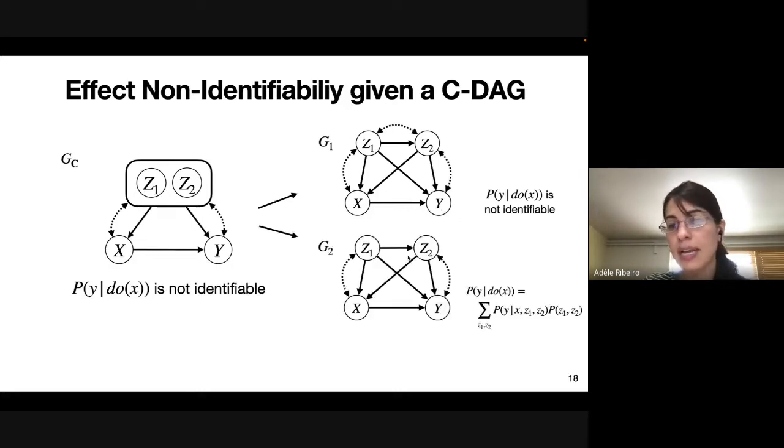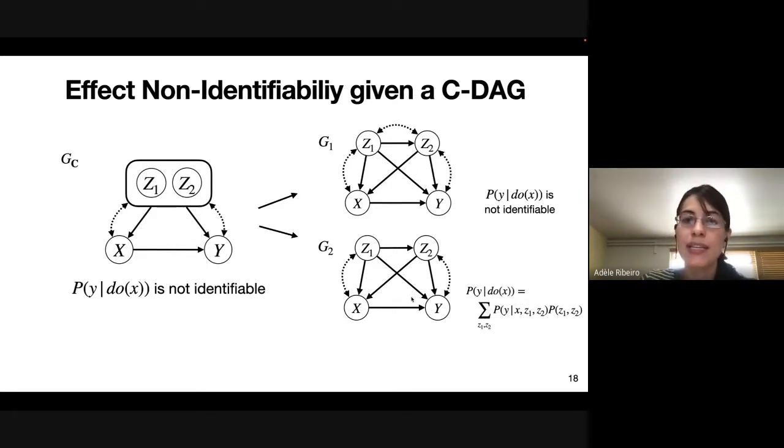And this doesn't mean that in the true underlying causal diagram the effect is not identifiable. It is possible that the effect would be identifiable if you had specified all the relationships among all the variables.